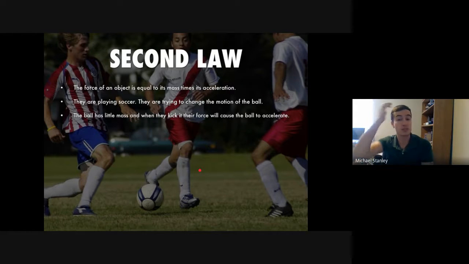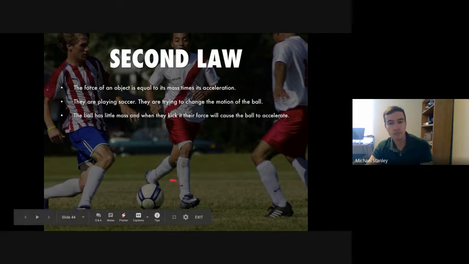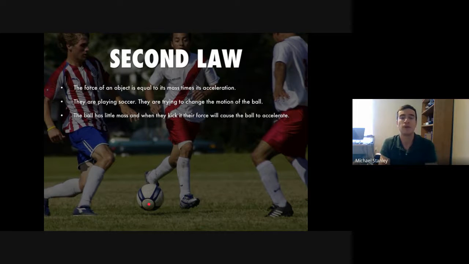You can also use it to calculate how much force an object is likely to have. So when you're playing soccer, you're kicking a soccer ball around and you're using your foot to impart a force on the ball.